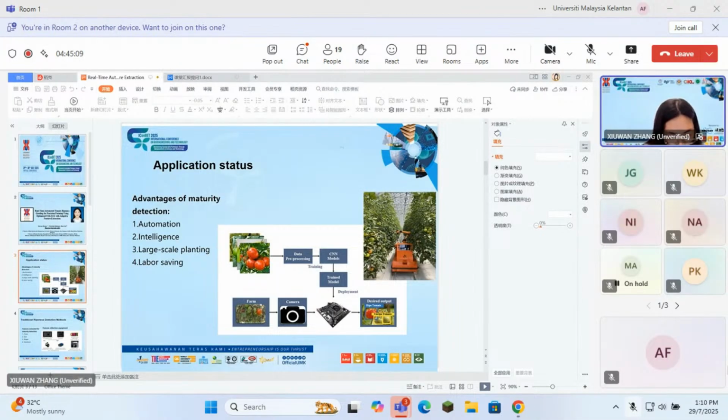Following the current trends of AI technology, scientists have begun to explore machine learning methods for detecting fruit maturity.